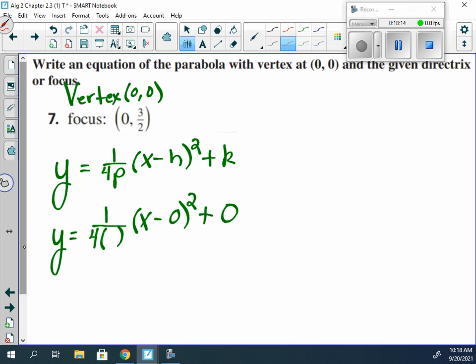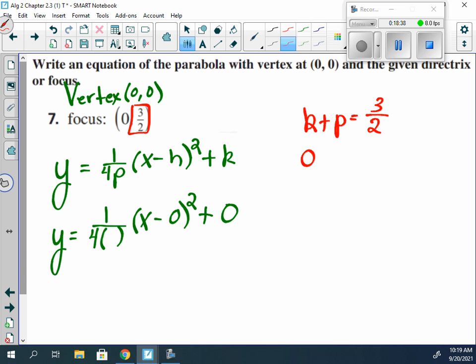Does anybody have a guess at what the value of p is? So let's see. So 3/2 is where p is located, yes? And according to the general form, k plus p is equal to that value of the focus, yes? Mm-hmm.